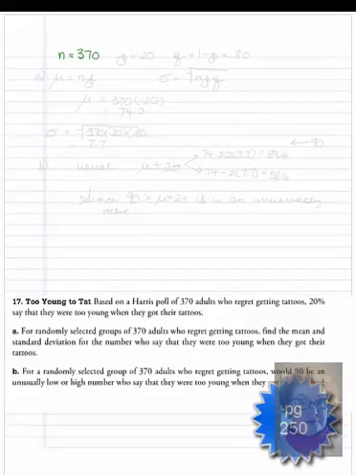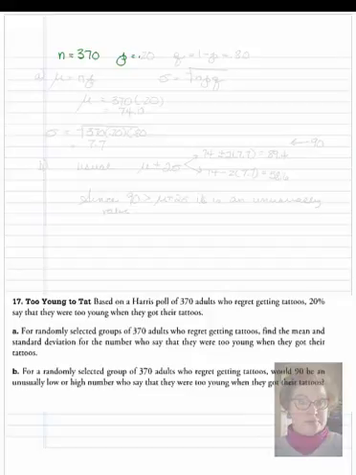370 adults. Our probability is still 20%. We'll go back and get that equation for the mean, which is n times p, and then the standard deviation will be the square root of n times p times q.